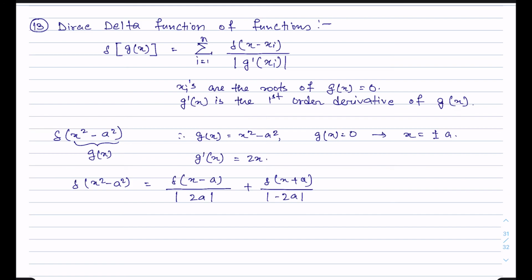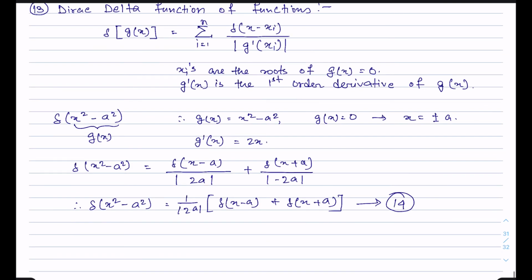So delta(x square minus a square) is equal to 1 over mod of 2a times [delta(x minus a) plus delta(x plus a)]. You can consider it as another property, say 14.